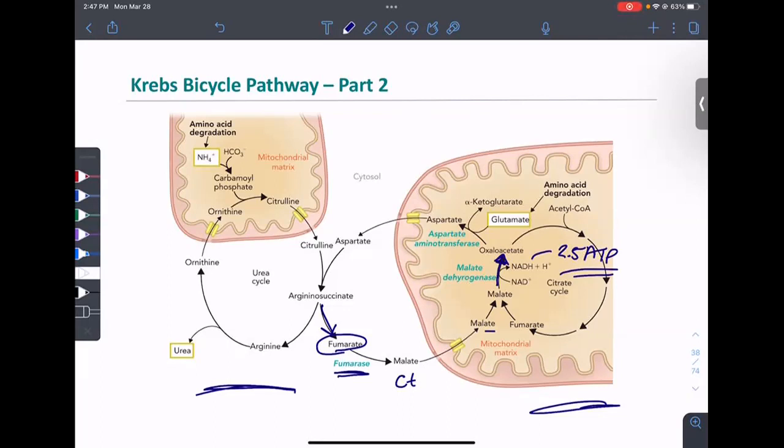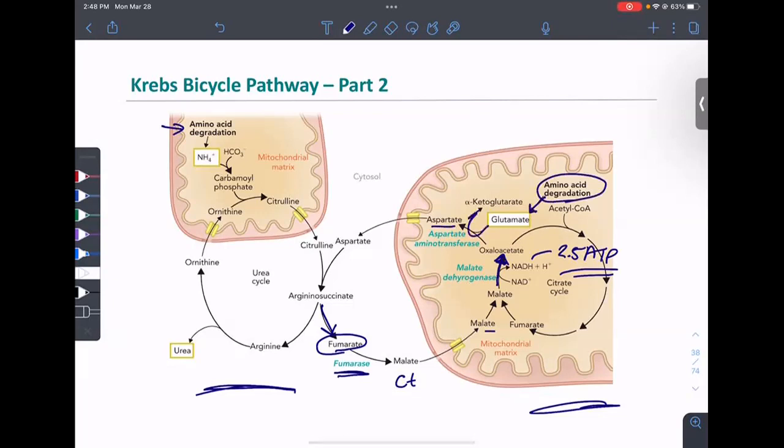The other thing that's important to remember is that there are actually 2 places where nitrogen enters the urea cycle. One of those places is at the deamination over here of our amino acids, glutamine and glutamate. But the other place is where we have aspartate over here. So we have amino acid degradation, and that degradation we convert to glutamate.